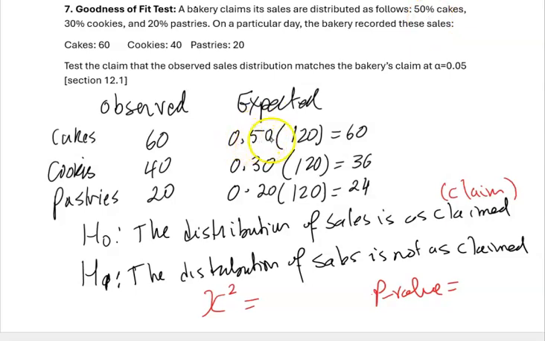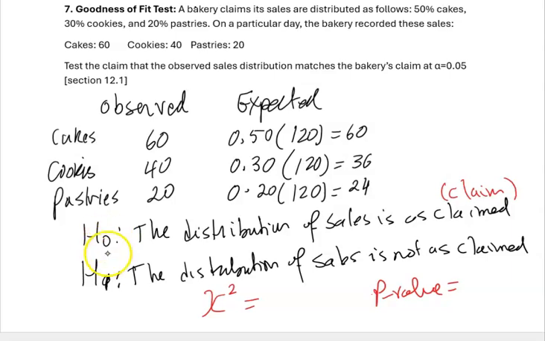So that will be 0.50 times 120, which is 60. Then 30% to be cookies, and 30% of 120 is 36. And then 20% pastries, 20% of 120 is 24. We need the observed values and we need the expected values to run the test.